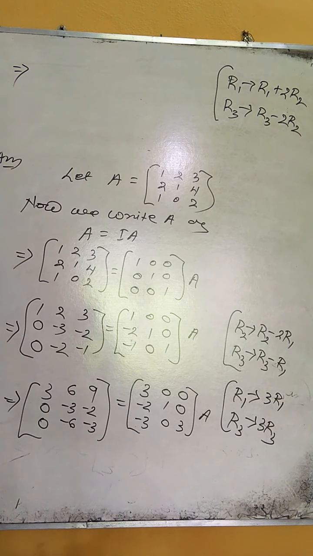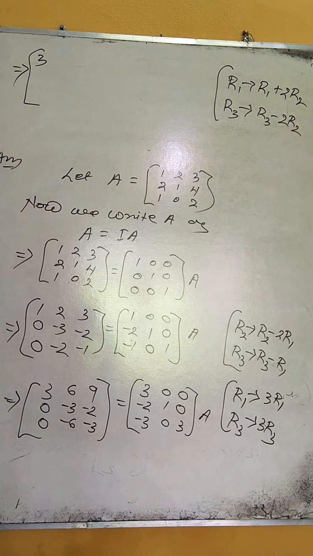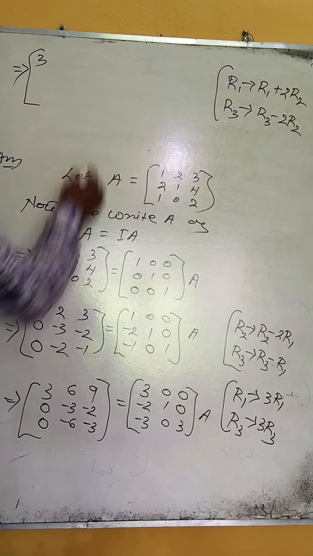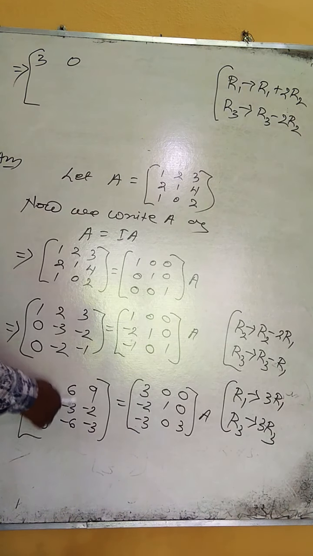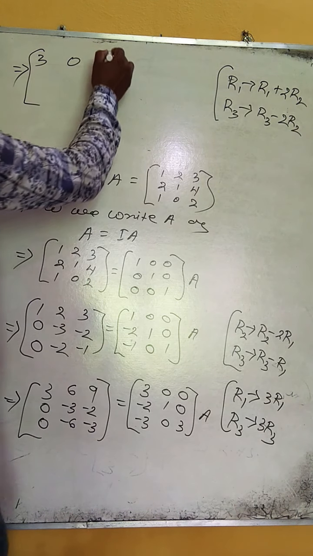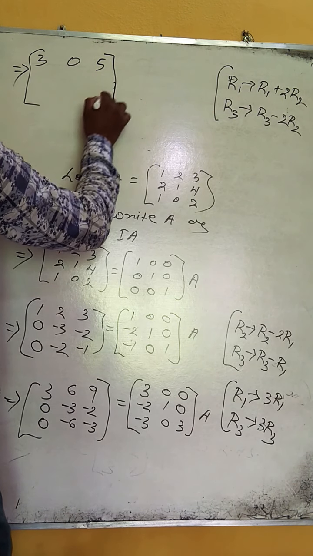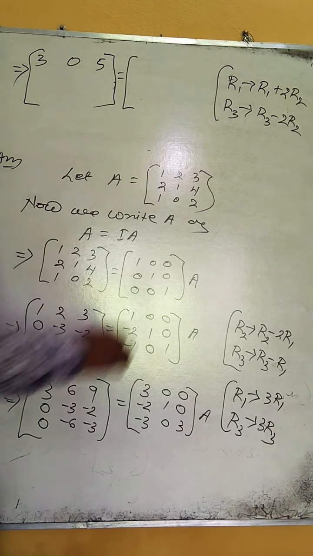So here we get R1 plus 2R2: 3, here 0 plus 6 is 6, 9 plus 2R2 means 5. The same thing is maintained on the right hand side unit matrix.